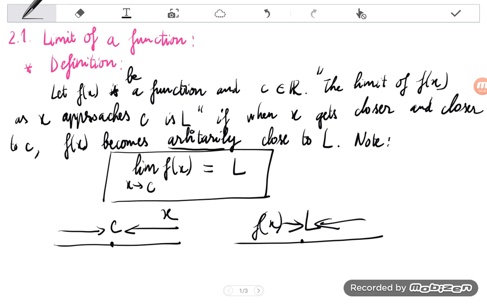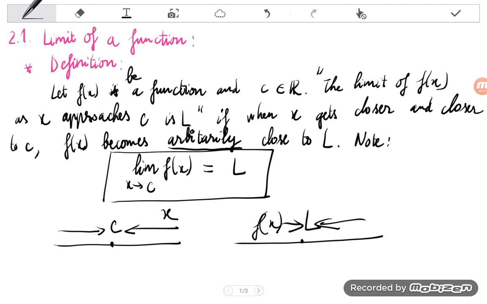And we will explain a little more about arbitrarily close. So, what is arbitrarily close? Arbitrarily close means that you can make f(x) as close to L as you want.